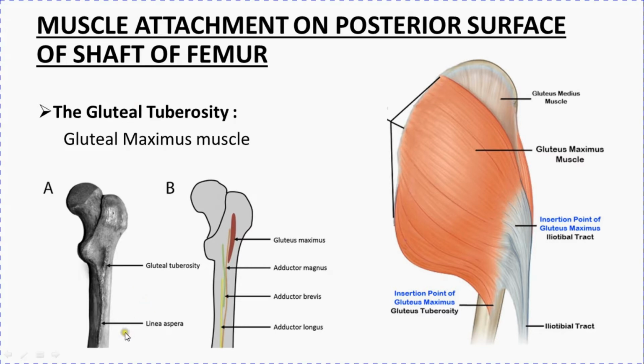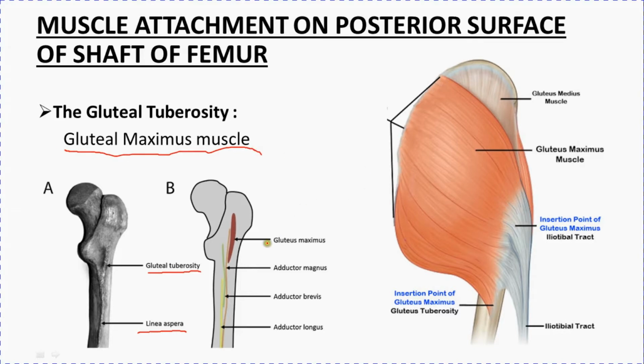Now you remember the linea aspera? The linea aspera was the posterior border of the femur, and its lateral lip continued upward to be continuous with the gluteal tuberosity. You can see in the figure, this is the gluteal tuberosity. On the gluteal tuberosity, the gluteus maximus muscle is inserted.